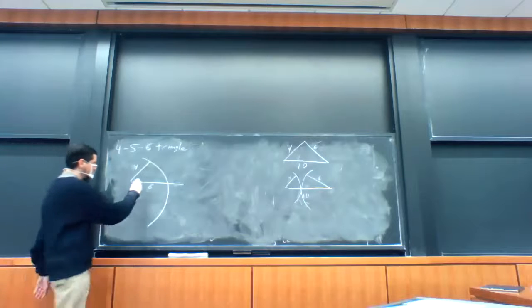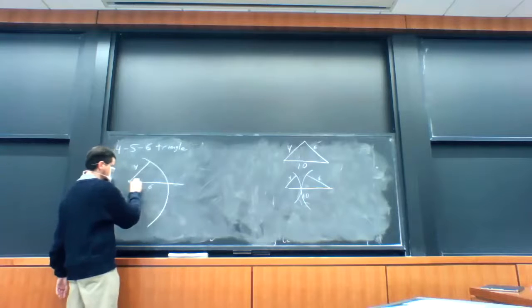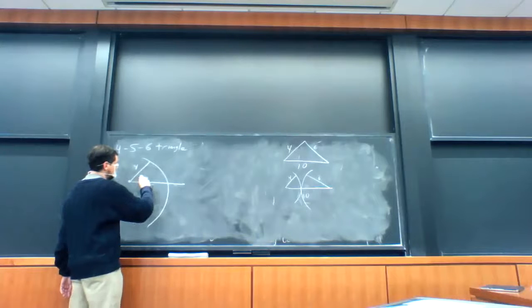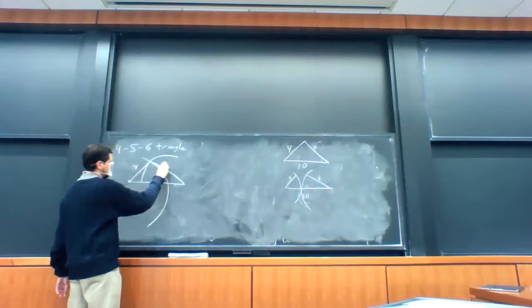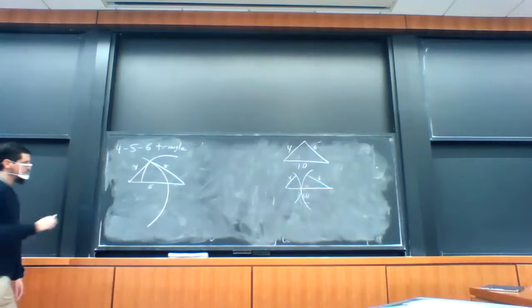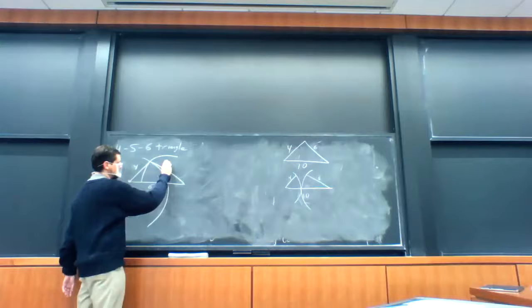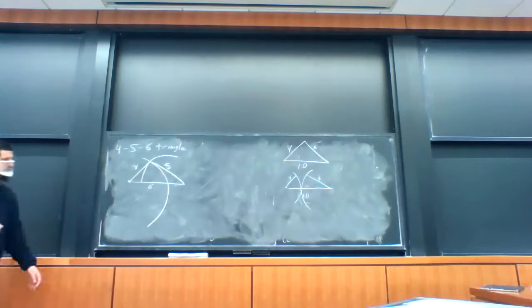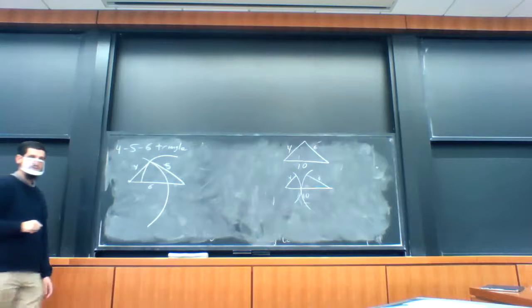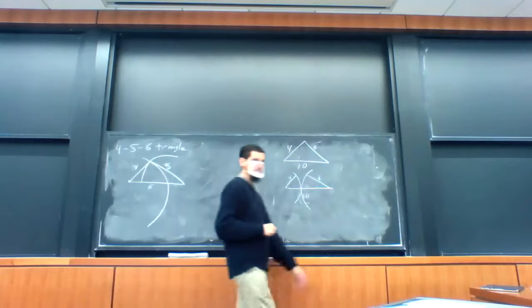For the other one, coming from here, I draw a circle of radius 5. And so if I do this, I will now have my triangle, and I have found a way to construct it.